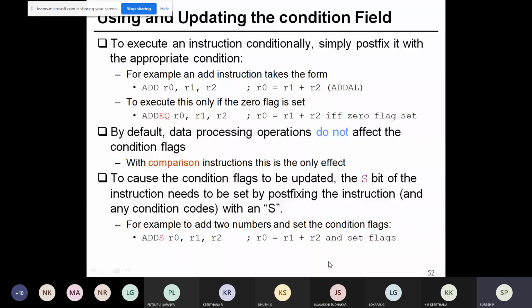If it is equal, your 0 flag will be set. Then again I have to compare the values of C and D.